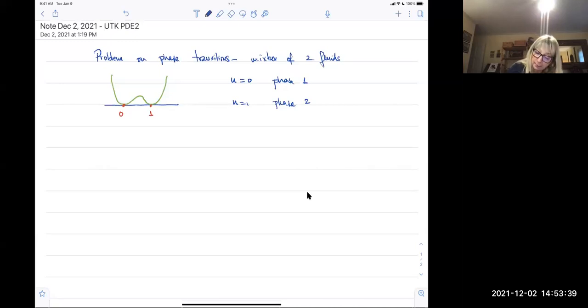So W is non-negative. As I said, the set where W is equal to 0 is exactly {0, 1}. There's nothing mysterious about 0 and 1; you can call them A and B. I've not said much about W. Later on, I may have to impose something on W. Normally, what we impose is that at infinity W grows at least linearly, and that around the wells W behaves quadratically.